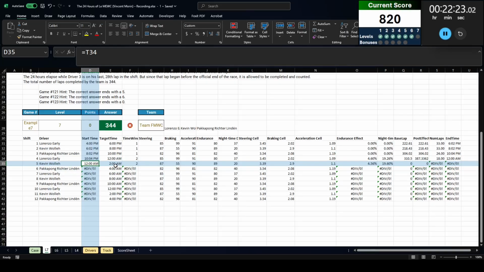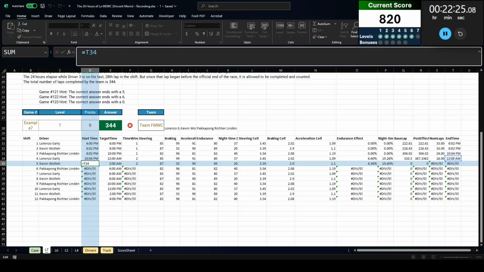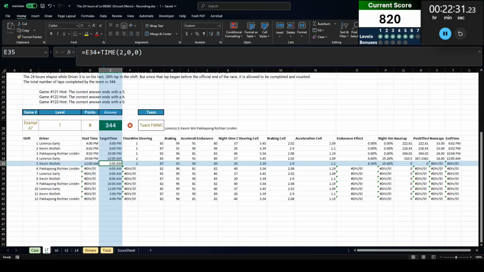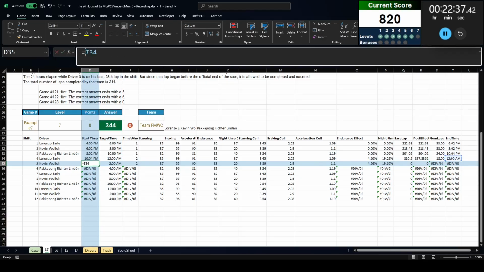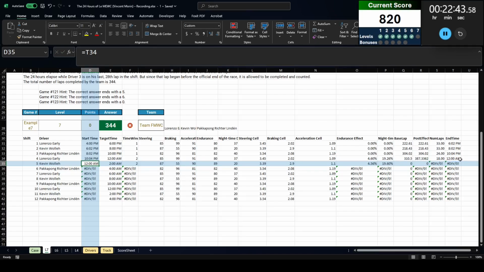I think I actually know the problem right off the bat. This should probably be this should also be plus 1. Yeah, 1.083. That should be 1.000.